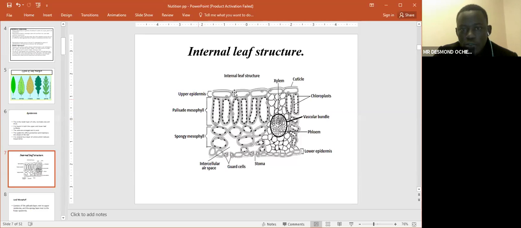From the cuticle, we have the upper epidermis. The upper epidermis is bordered by the mesophyll cells.